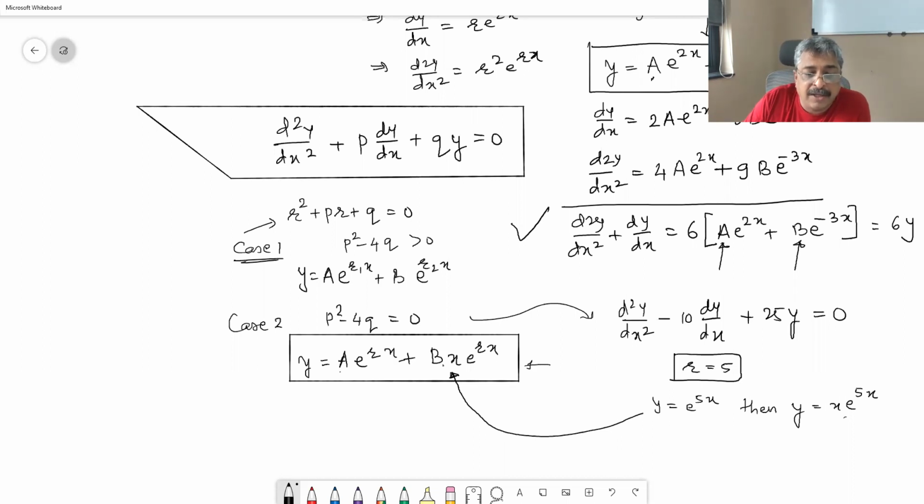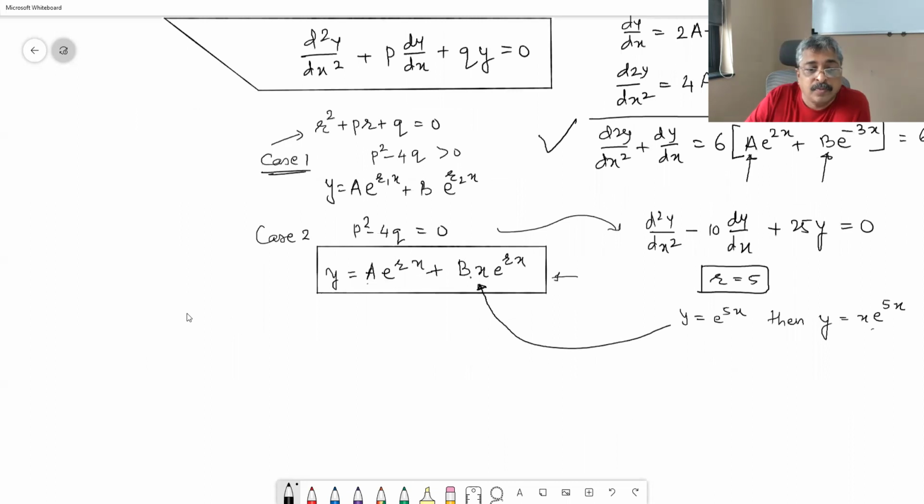And if case 3, p square minus 4q is less than 0, then what are we going to have? It is same as first, but then you get into complex numbers.